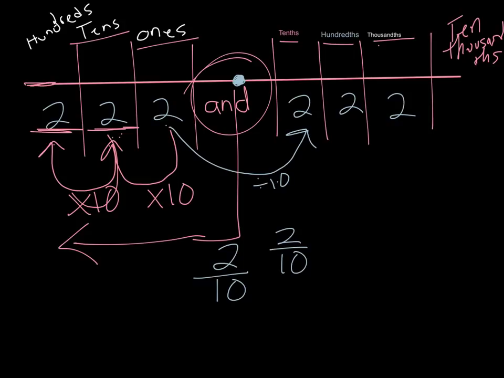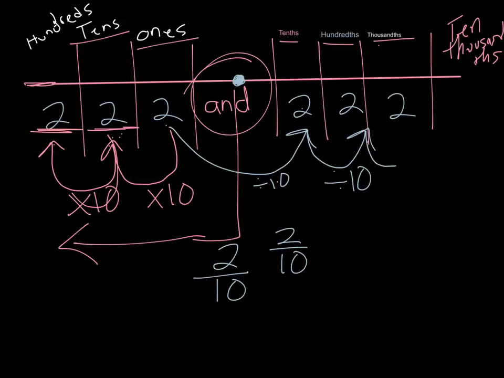So going from the ones place to the tenths place, we're dividing by 10, or we're just doing the opposite. Notice when we were multiplying by 10 over here, we were going from right to left. If we go the opposite way, from left to right, then we're dividing by 10. We're going to go from the tenths to the hundredths, and the hundredths place basically is a tenth of the tenths place. We're going to divide by 10 again, meaning that the hundredths place is smaller than the tenths place. If you have 1/100, you don't have as much as if you have 1/10.